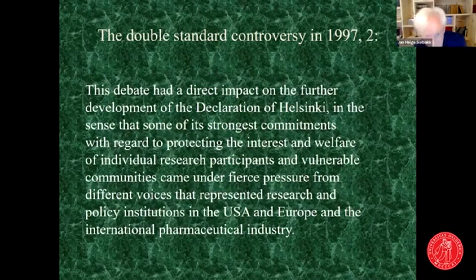This debate had a direct impact on the further development of the Declaration of Helsinki, in the sense that some of its strongest commitments with regard to protecting the interests and welfare of individual research participants and vulnerable communities came under pressure from different voices that represented research and policy institutions in the USA and Europe and the international pharmaceutical industry.